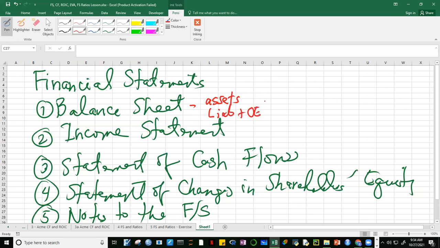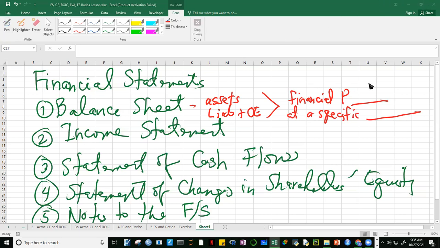Owner's equity. So the balance sheet, guys, tells us of the financial what? Blank at a specific what? Blank. Okay, there are some who raised their hands. Yes, Beyonce.